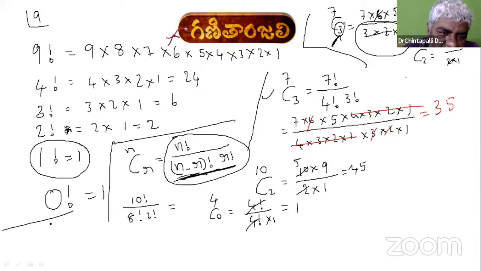What's the value of 5C0? 1. What is the value of 7C0? 1. What is the meaning of 7C0 or 5C0 or 4C0?